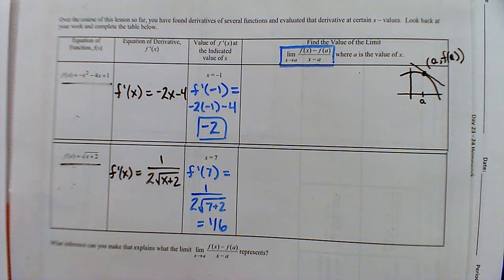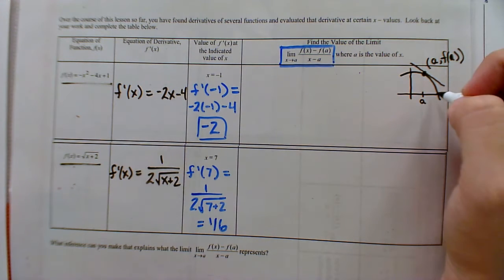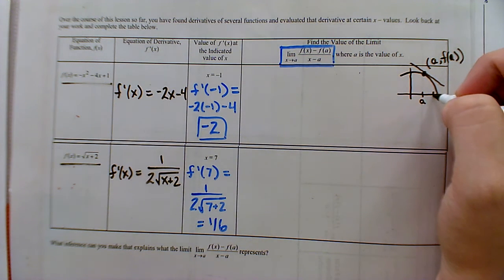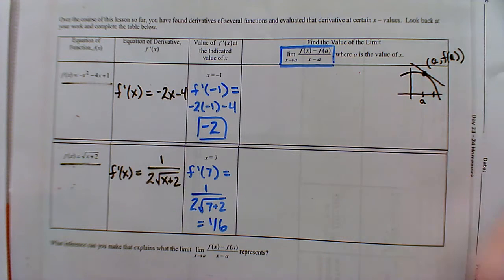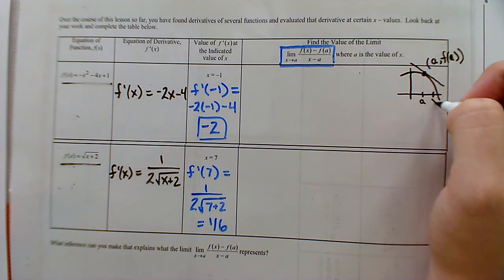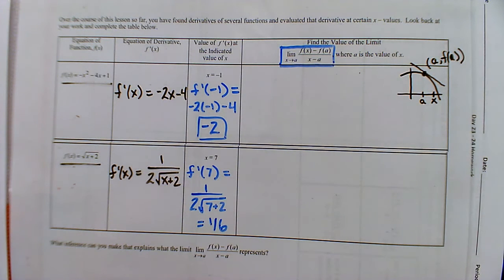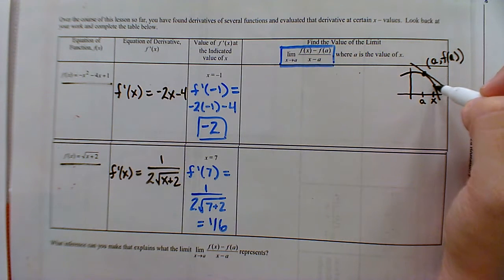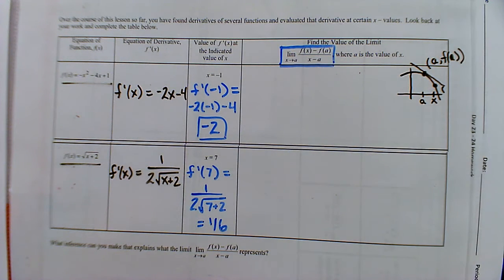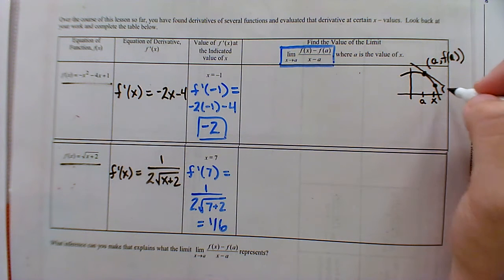Okay. Now in our tangent line little drawing here, we also picked some other value over here, right? We don't know where this location is, so maybe we'll label that x. What would the ordered pair of that point be on our curve?